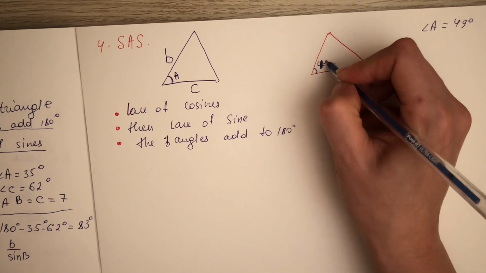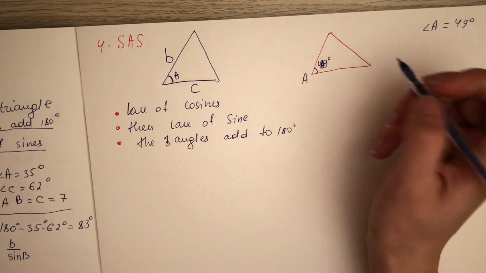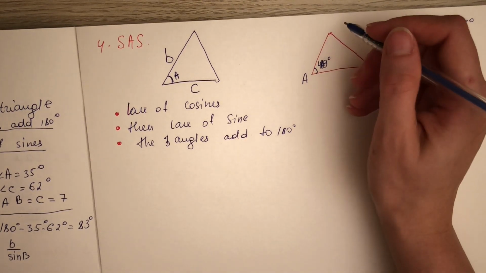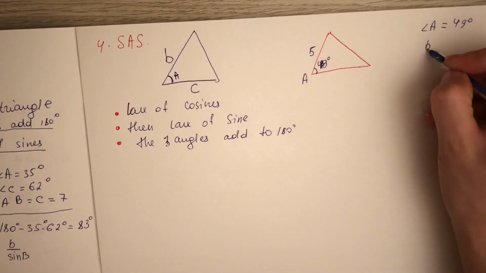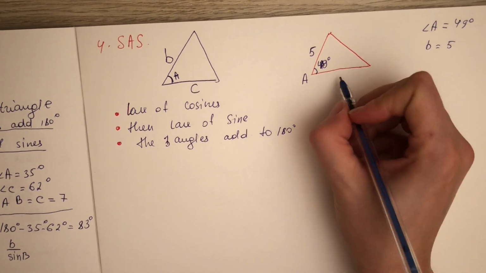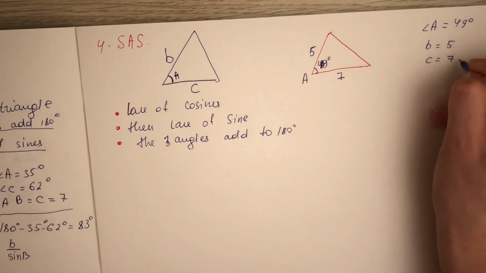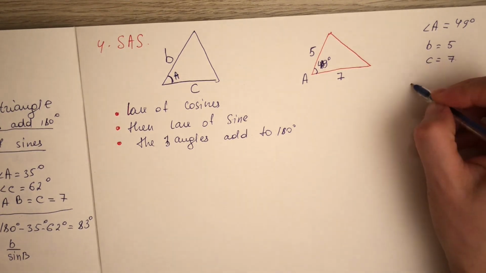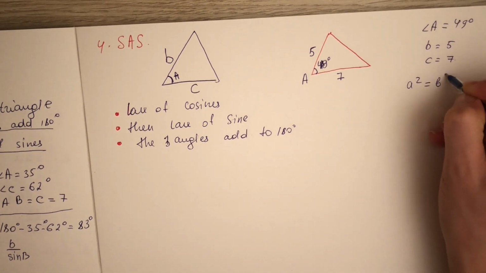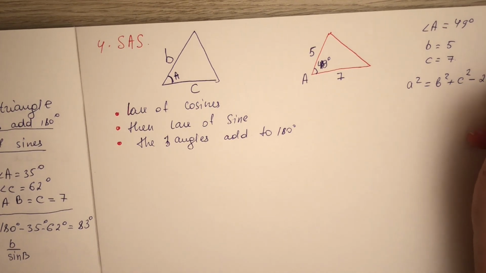Sorry, this is the 49 degree angle A, and we have B equal to 5, and C equal to 7. Now use the law of cosines. a squared is equal to b squared plus c squared minus 2 times bc cosine A.